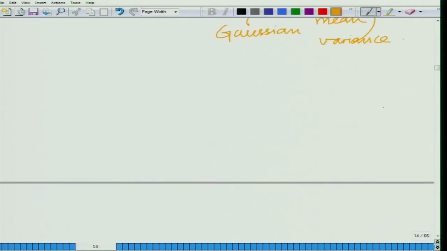The Gaussian probability density function looks as follows.